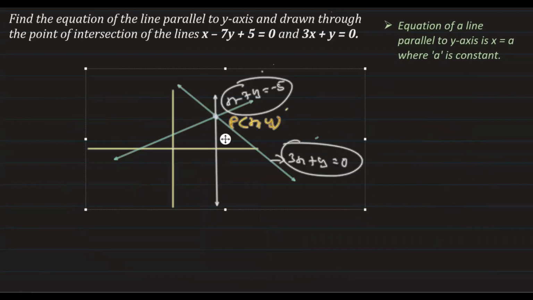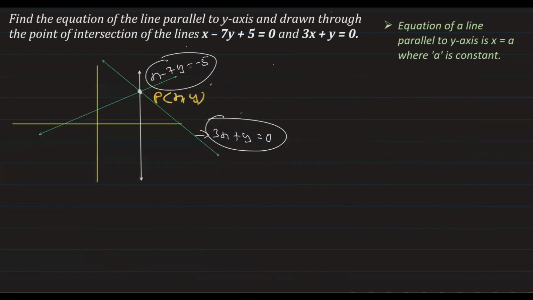I'll be using the elimination method in order to solve this. Let me write down the first equation, which is x minus 7y is equal to minus 5, and the other one is 3x plus y is equal to 0. I can multiply the first equation with 3, and the second one with 1. So what do you get here?